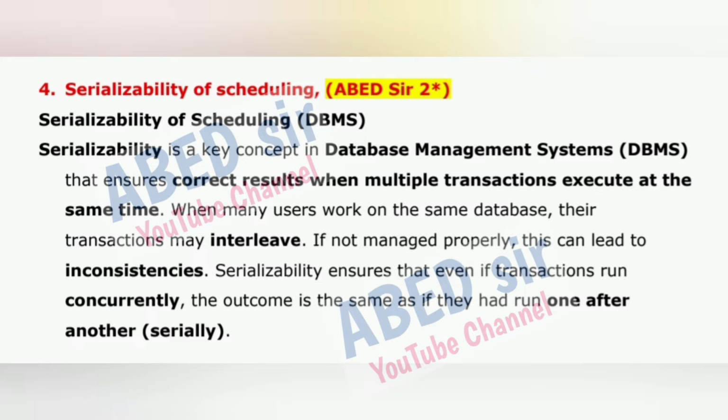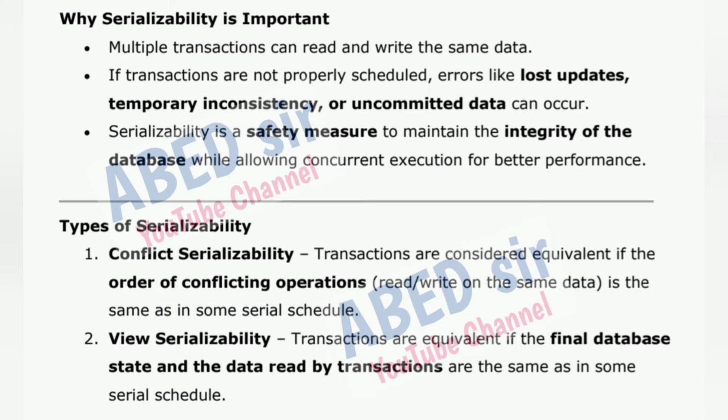When many users work on the same database, their transactions may interleave. If not managed properly, this can lead to inconsistencies. Serializability ensures that even if transactions run concurrently, the outcome is the same as if they had run one after another, serially.